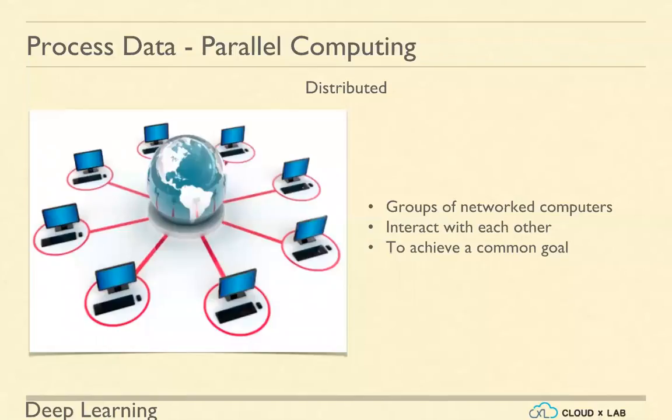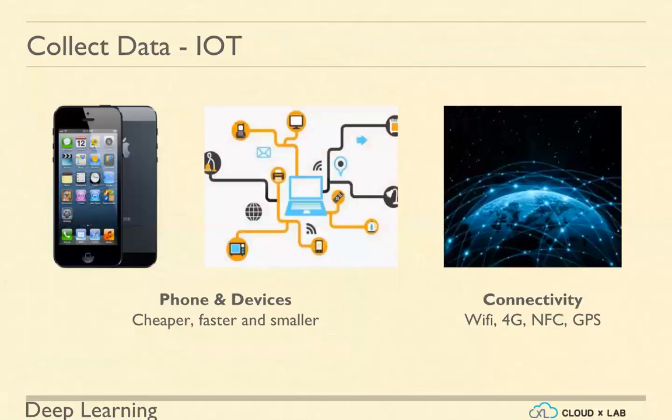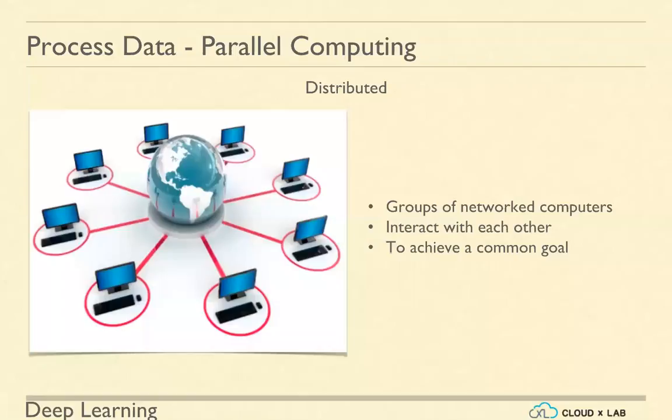So if you can break down a problem into parts that can be run on different computers, we call it distributed computing. Distributed computing is part of parallel computing. And when we have so much data, it's better to use distributed computing to clean up the data, to process the data, and then to derive the intelligence.